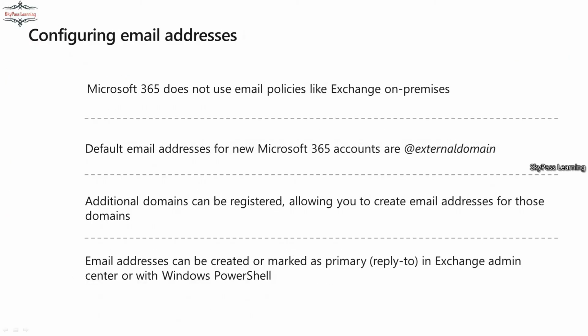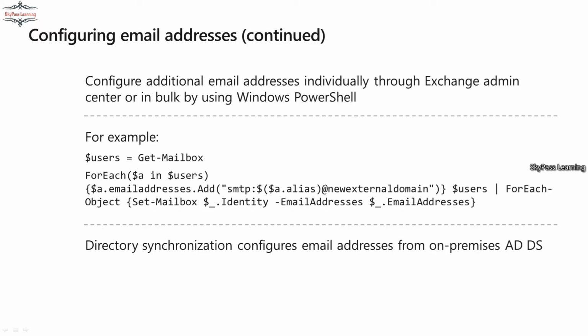Let me show you here. You can see there's a PowerShell command, a script, that helps you set the email addresses as per your organization's requirement, where you can put all the mailboxes. Here you can put in users.